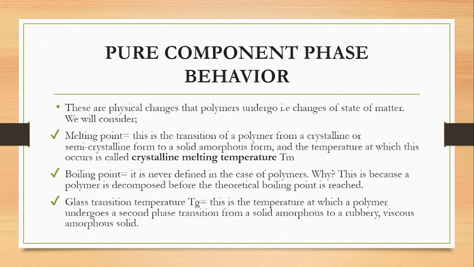Now, this is the temperature at which a polymer undergoes a second phase transition from a solid amorphous state to a rubbery or more viscous amorphous solid, a second order change from a solid amorphous to a more fluid, rubbery or viscous state.